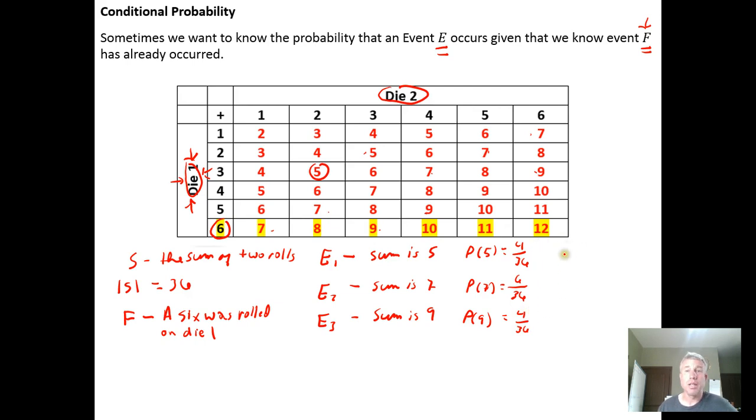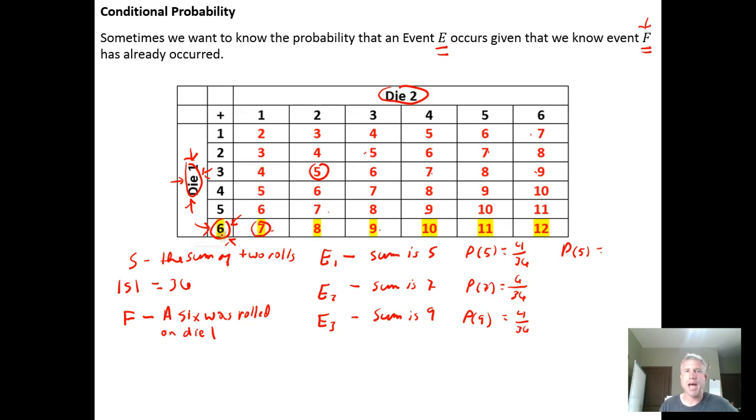But if we know that a 6 has been rolled, if event F has happened, that changes the game. So for example, the probability of 5, if F has occurred, well, if we've rolled a 6, there's no way to get a sum of 5.